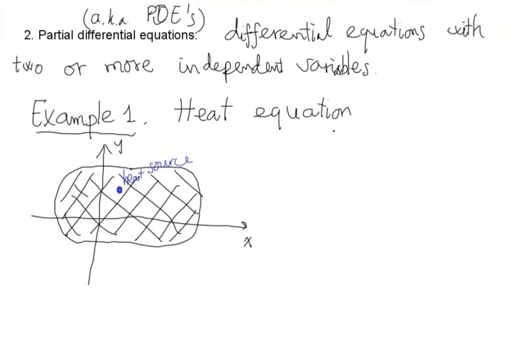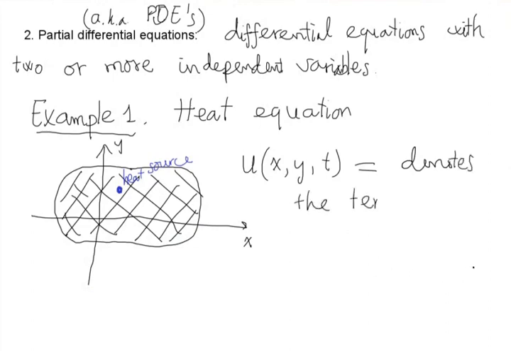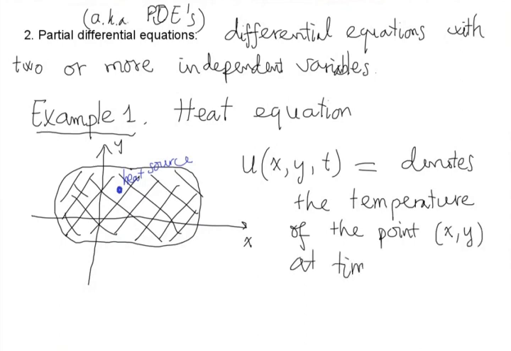So what is the unknown here? It will be u, depending on three variables, x, y, and t. This denotes the temperature of the point with coordinates x, y at time t.